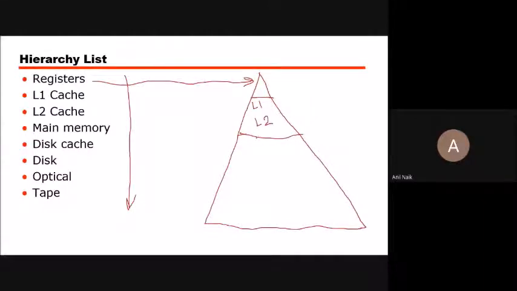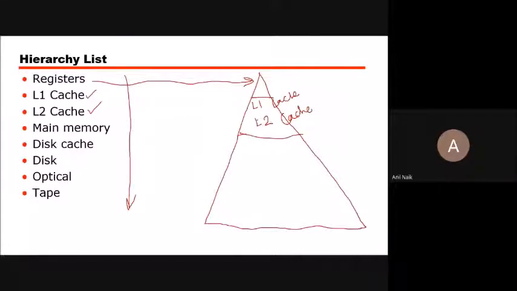Even in your computer you can check, there are two types of cache memory: level 1 and level 2 cache. What happens when the user requests the data is that first it will check in the L1 cache, which is very near to the user. If the data is not present in the level 1 cache, then it will go to the level 2 cache.